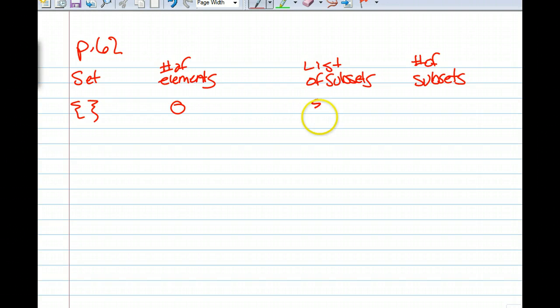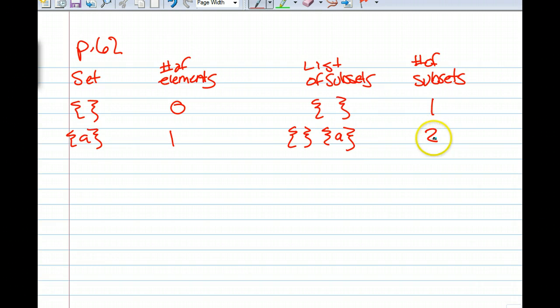Okay, do you guys know what the subset of this set is? It can be itself, right? We already said that every set is a subset of itself. So how many subsets do I have? 1. Okay, what about this one? How many elements do I have? 1. The list of subsets can be an empty set, and it can be a set with A in it. So how many subsets do I have? 2.